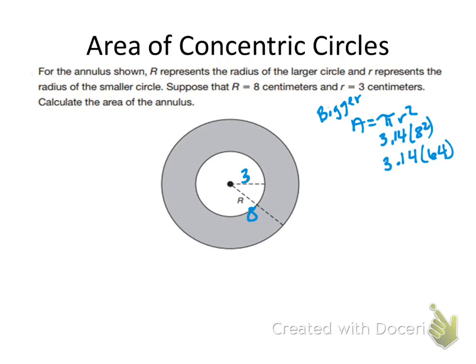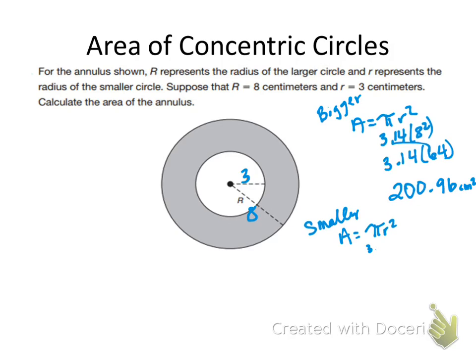So the area of my big circle is going to end up being 200.96 centimeters squared. So now that I have the area of my big one, I need to figure out the area of my smaller circle on the inside. So our smaller circle is still area equals pi r squared.